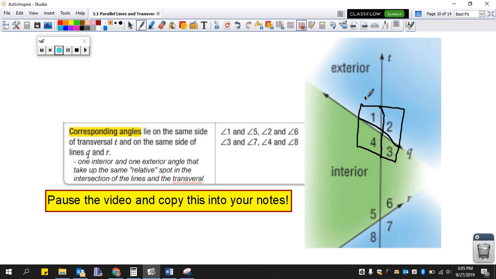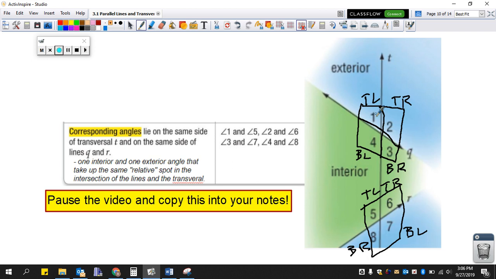So this is top left, this is top right, this is bottom right, this is bottom left. And if I do the same thing with the bottom intersection, you have top left, top right, bottom left, and bottom right.